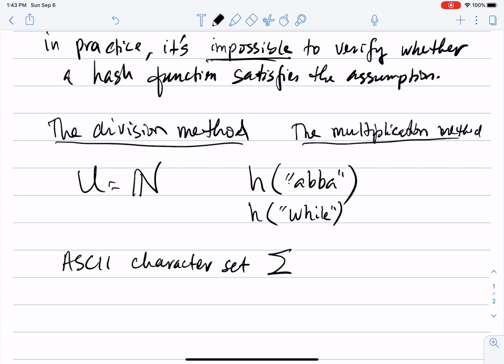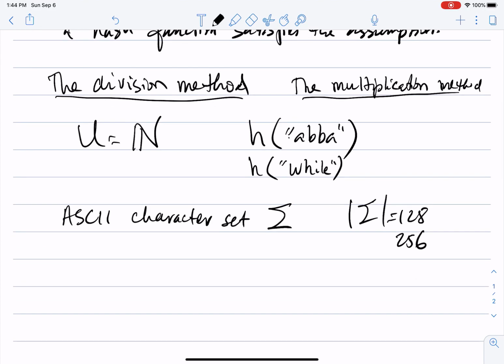In many cases, the cardinality of this is 128. It has 128 characters, and sometimes you can have 256 as well. So we can imagine now that our alphabet is from 0 to 127.